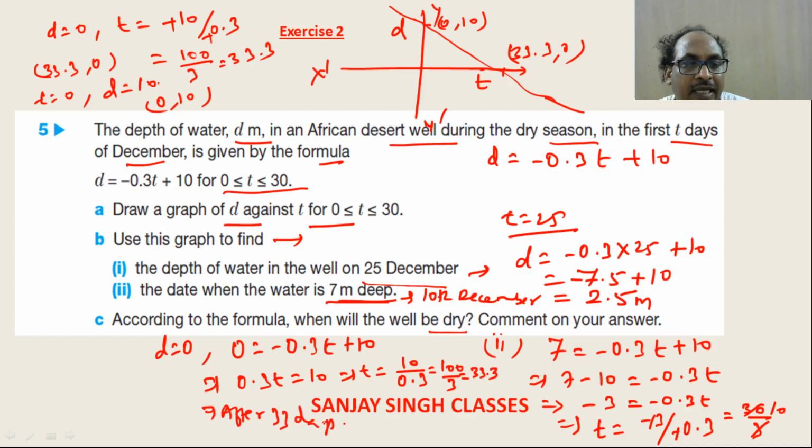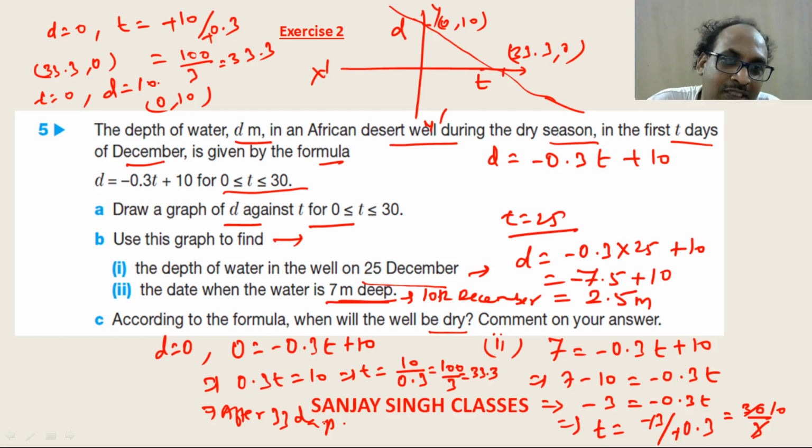It will compulsorily move into January, so on 2nd January we can say the well will be dry. It is beyond, crossing the month of December.